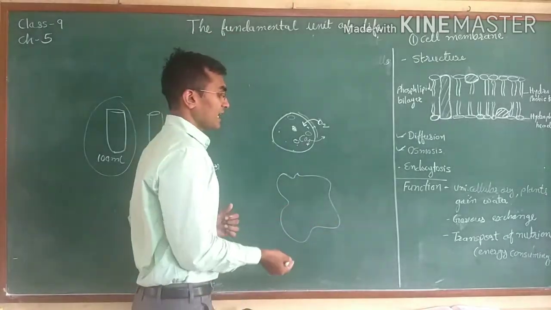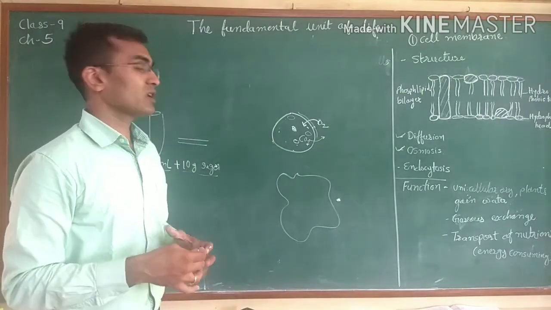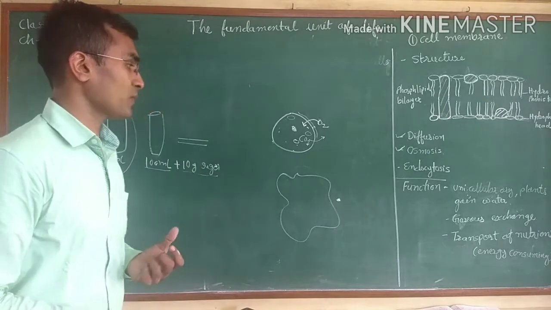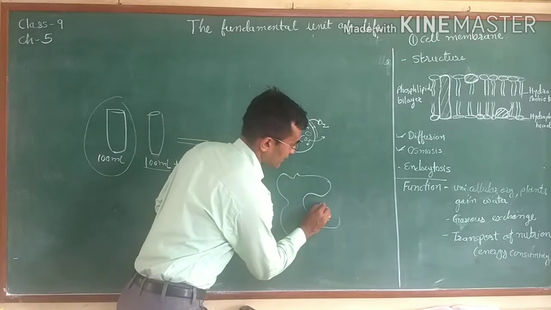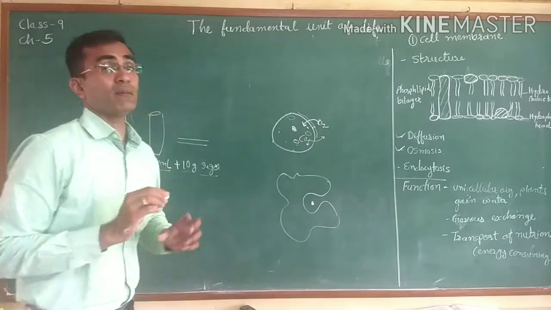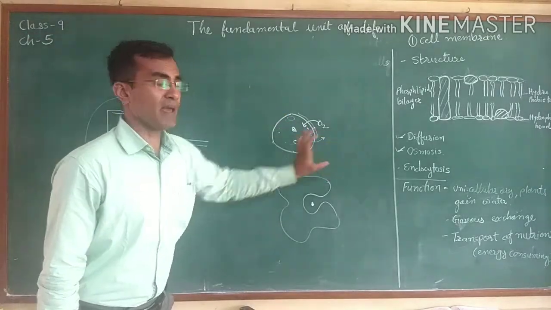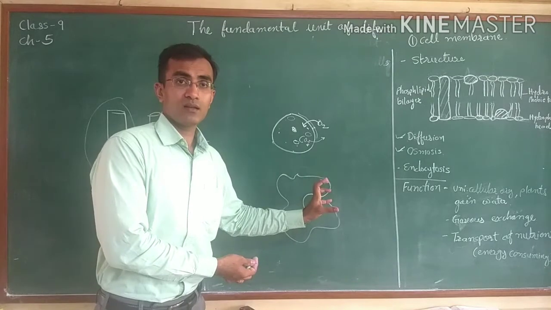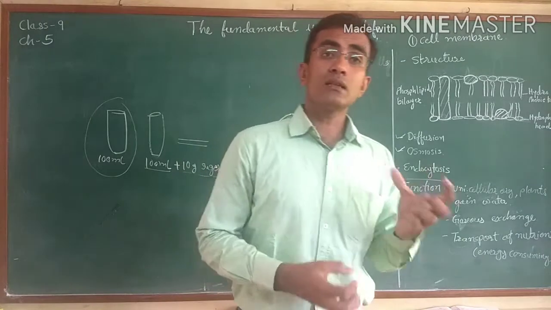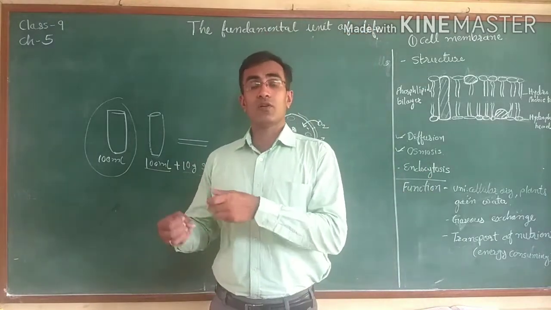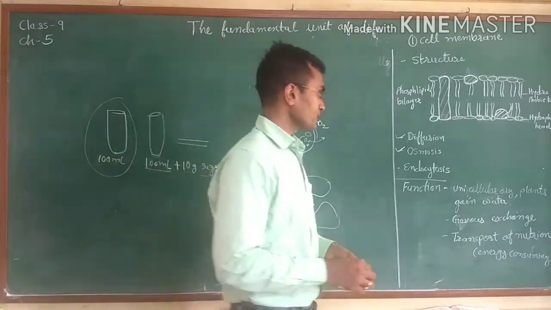When they want to engulf a food particle, they will change their shape, using pseudopodia, and they will catch the material within themselves and get the material digested. So here, the cell membrane is flexible in the case of amoeba. So we can say that in some organisms the cell membrane is fixed, or rigid, and in others the cell membrane can be flexible.